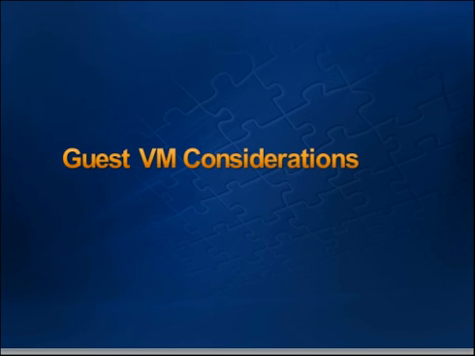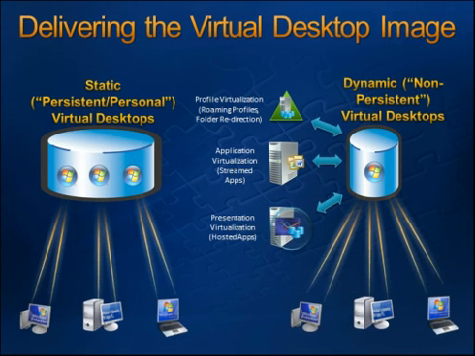Next, we are going to look into the guest virtual machine considerations that you need to take note of. In general, you can deploy virtual desktop images in two ways. The first deployment type is the static virtual desktop.